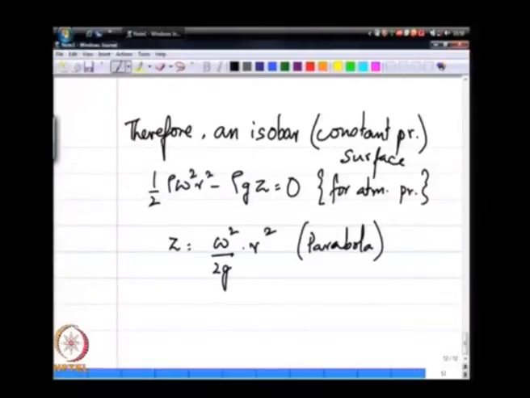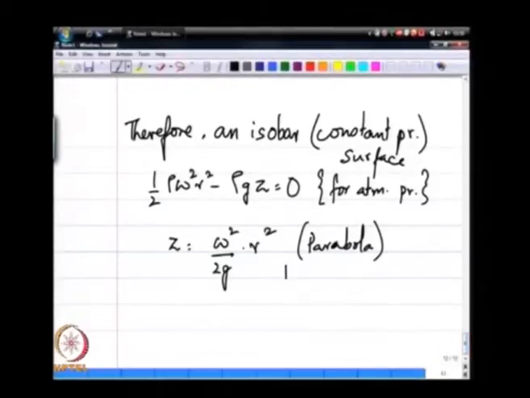So, if you take a set of parametric curves, so if I take shapes of this z as a function of r for different values of this number omega squared over 2 g, that is like a length scale, right.